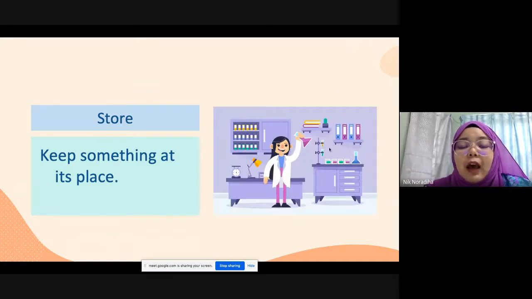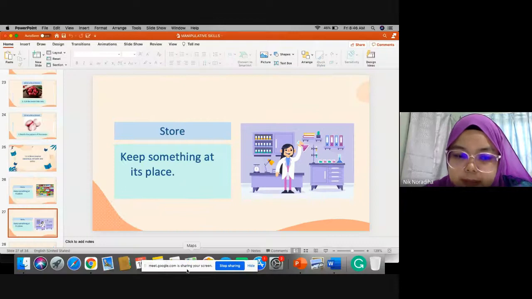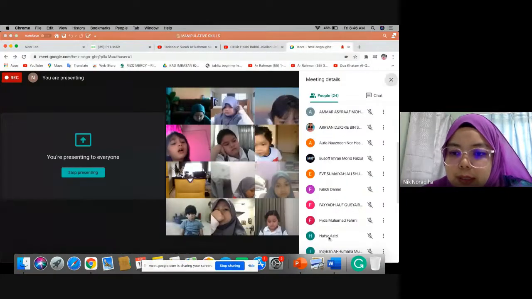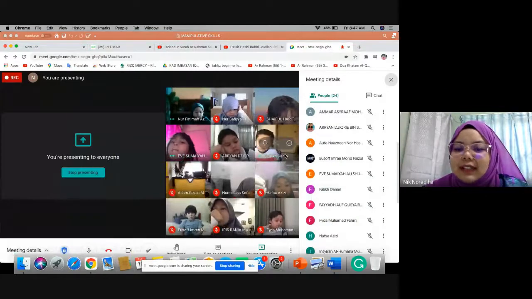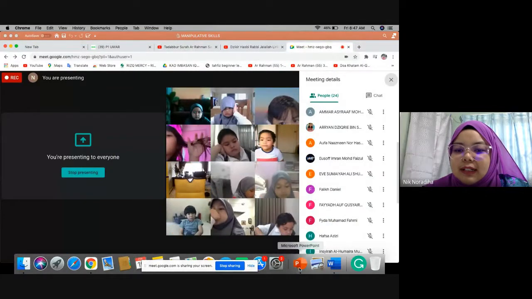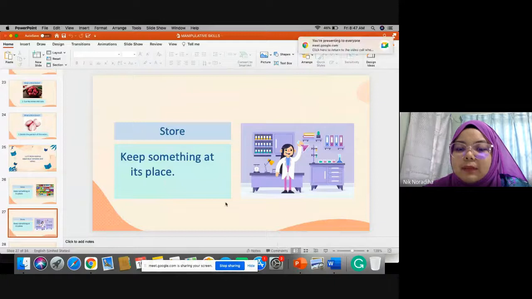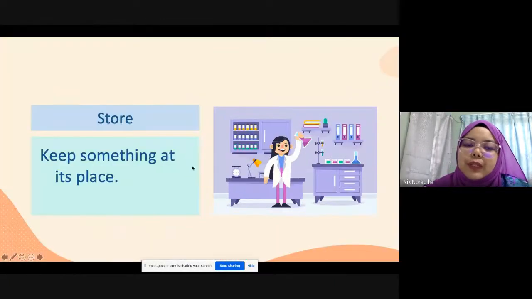Okay, how about storing science apparatus? What do you need to do for storing science apparatus? Falik Daniel, what is meant by store? Falik, what should we do?